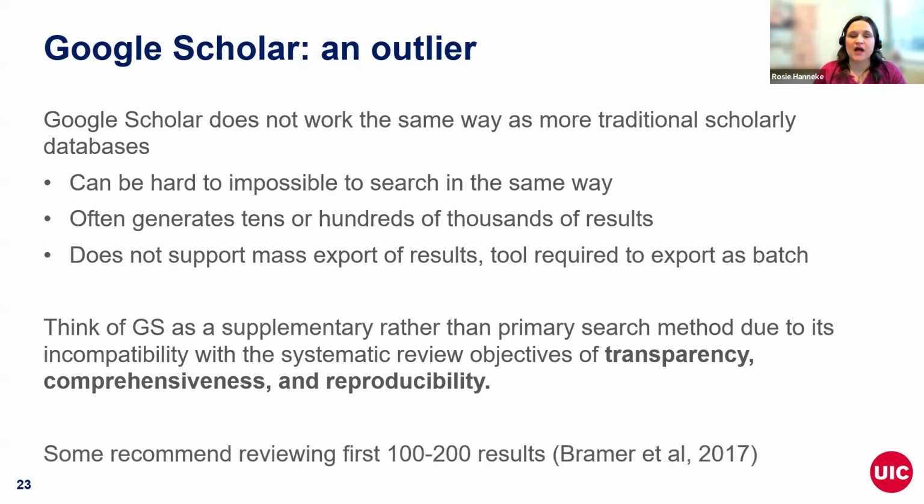If you search Google Scholar as a supplementary method, you can state in the methods of your review how many records you reviewed. So often a standard you'll see is that a team reviewed the first 200 results from Google Scholar, or for smaller results, where their other databases have very small result sets, they might look at only the first 100. But either way, you're not looking at all of them.